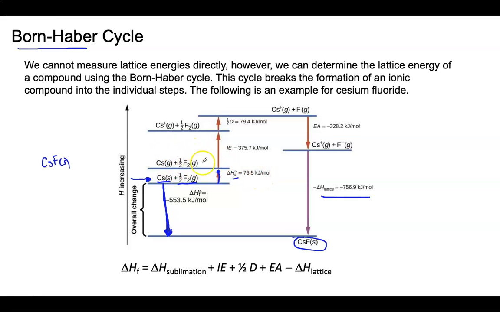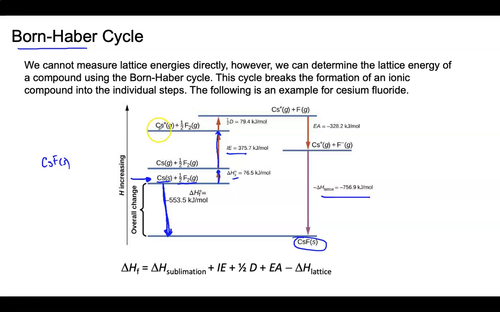Once we get that as a gas, we need to ionize it. We need to make the cesium +1 and the fluorine -1, right? So the cesium, we pull an electron off, and that's called ionization energy. That's the ionization energy required to remove an electron from a mole of cesium.